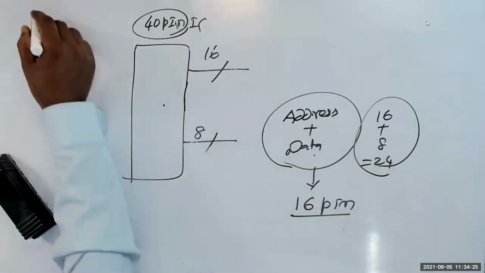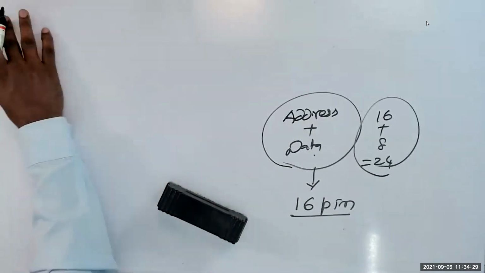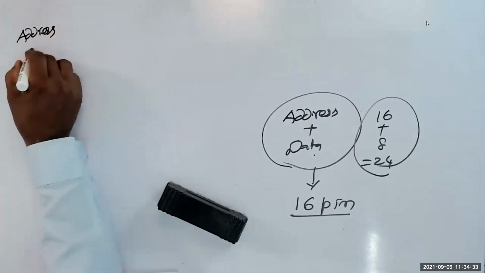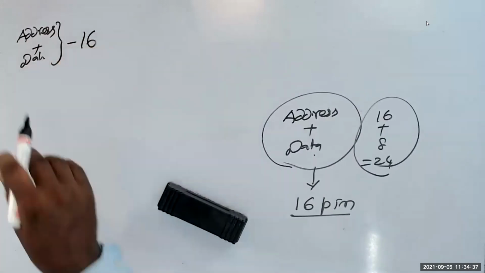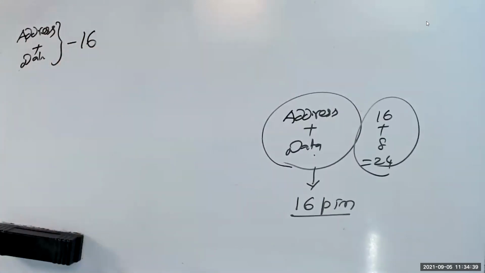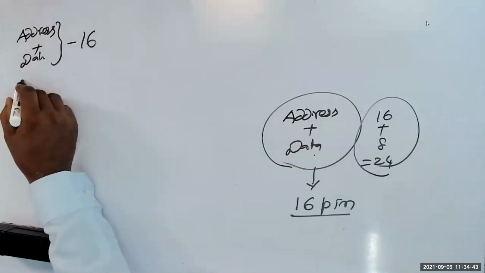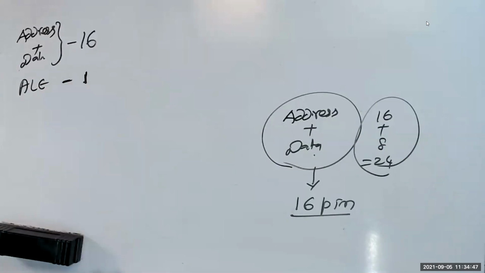Now, address plus data, we write here, 16 pins. Okay. And because to do multiplexing, we added one more pin called ALE. Understood? There's one more pin called ALE.